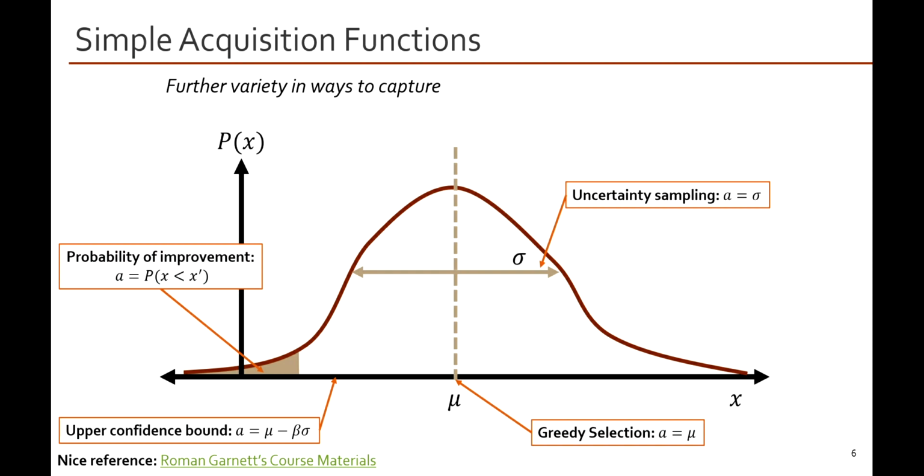And there are also more sophisticated measures like the probability of improvement, where I can take the fact that this is a probability distribution and compute the likelihood that my predicted value x is going to be less than some threshold x prime. So this shows you four common methods for defining an acquisition function.